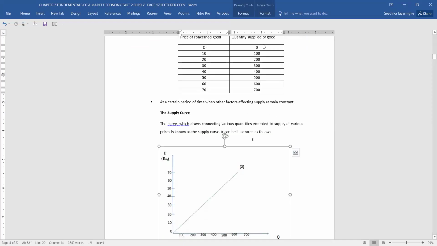You need a proper scale. Just draw it as quickly as possible. Looking at the details in the database, you draw the graph. It has to be mathematically correct. It has to be according to a proper scale. Do that, will you?